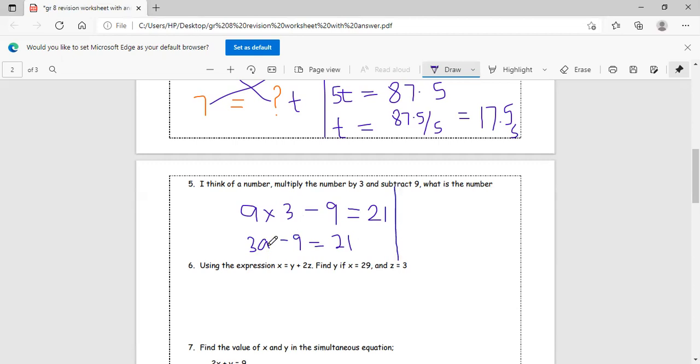It means my 3A will be equal to 21 plus 9. Right? So my 3A, what is 21 plus 9? This is going to be 30.